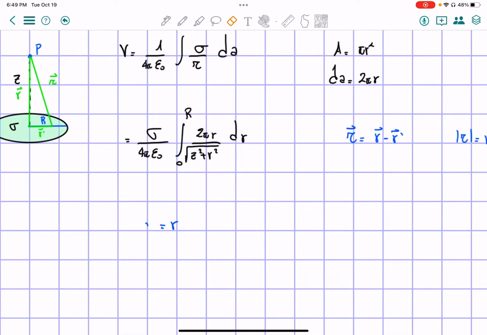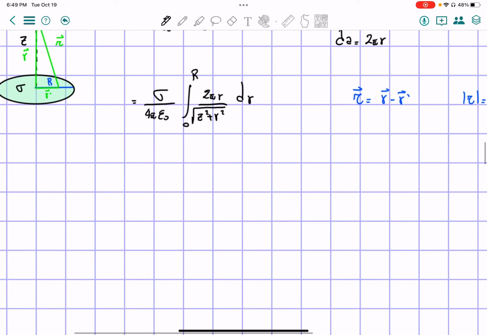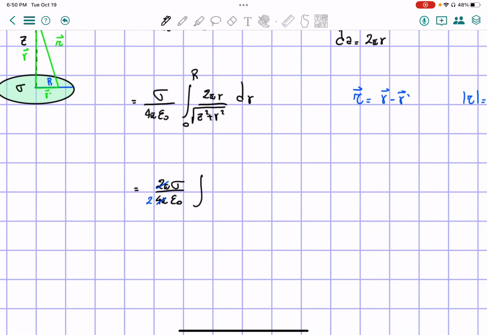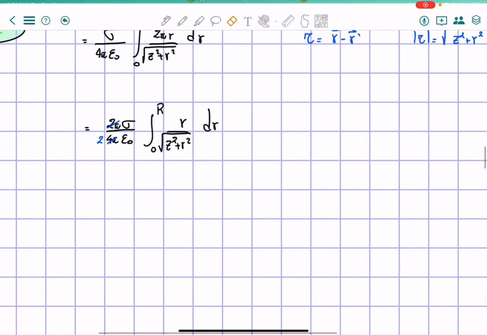Let me erase this to make some space. So we have, well, 2 pi we can take out because it's a constant. 2 pi omega over 4 pi epsilon naught. Then we have the integral from 0 to capital R of small r over the square root of z squared plus r squared, dr. So now let's use u substitution.